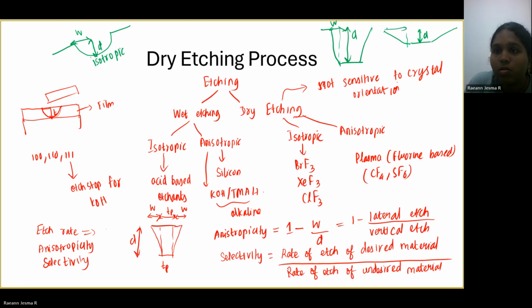There is also another case where you don't have any lateral etch at all. So in that case, your pattern is like this. So this is case A, this is B, C, D. In each of these cases, what will your anisotropicity be?